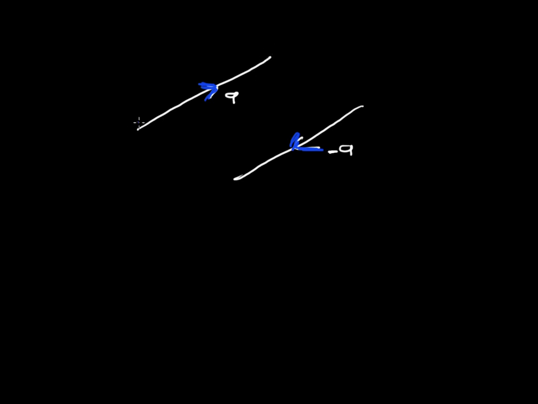So the length of A is equal to the length of negative A, with negative A being the negative vector of A. I hope that's clear. They are actually equal vectors with opposite direction.